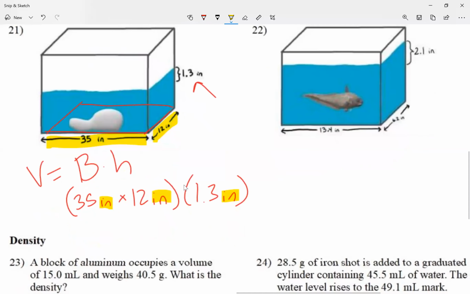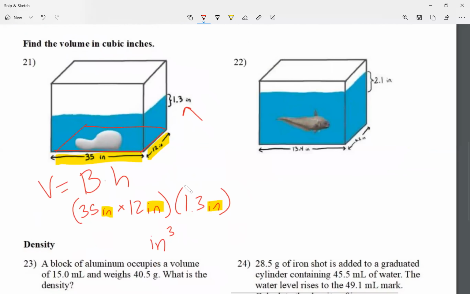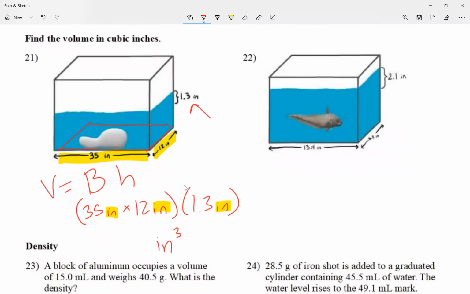So wouldn't that give me inches to the third? That's the reason why we call this cubic inches. Now the other numbers, I'm just going to multiply: 35 times 12 times 1.3, and it will give me 546. This figure is not measured to scale, so don't think that it really is. The volume of that figure is 546 cubic inches.